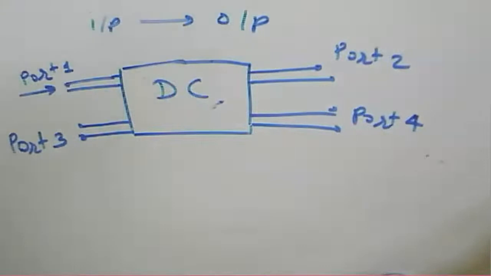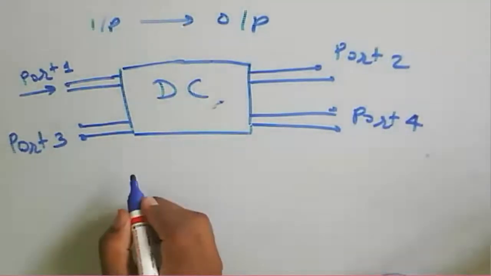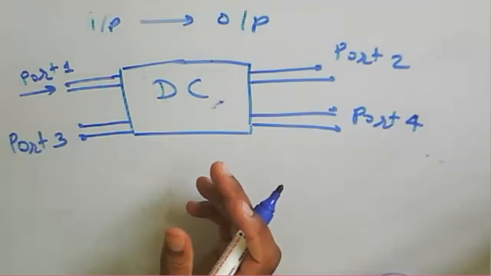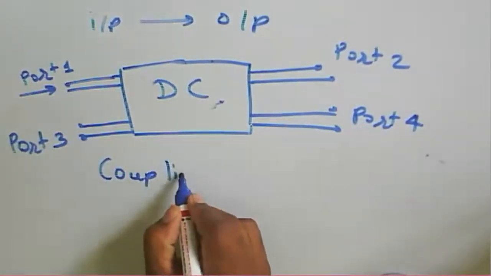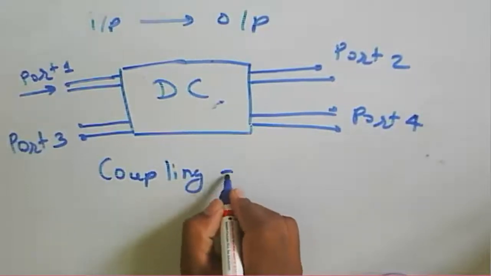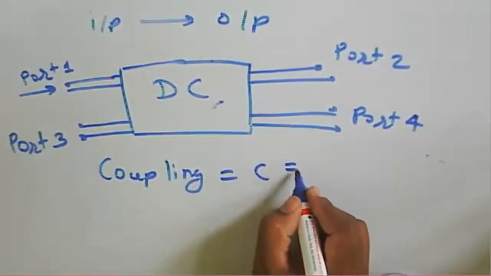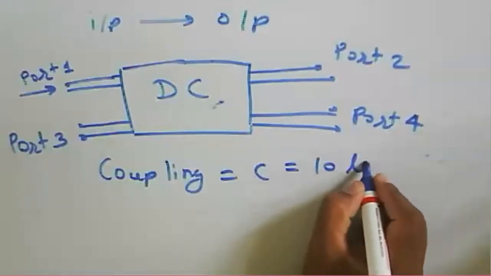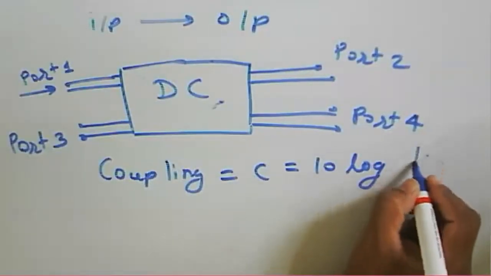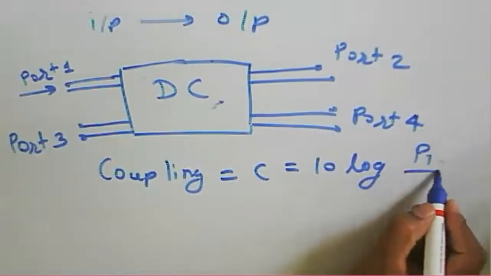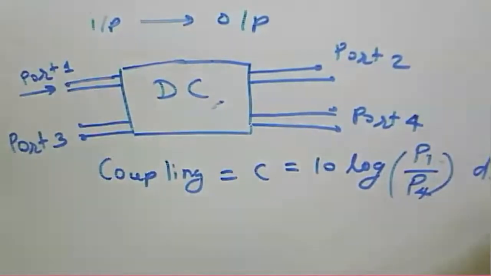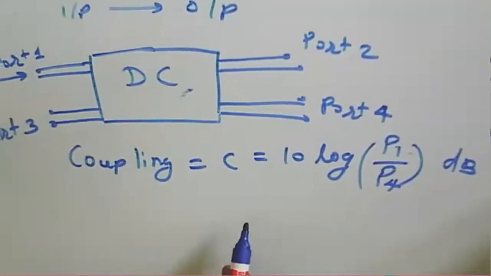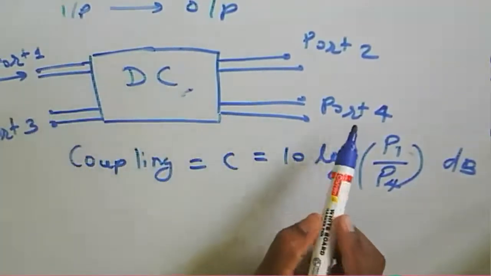We can write the coupling coefficient or coupling factor C equal to 10 log of the input power over the power forwarded to port 4, in dB. That is the coupling factor. So input at port 1 is coupled to port 4.